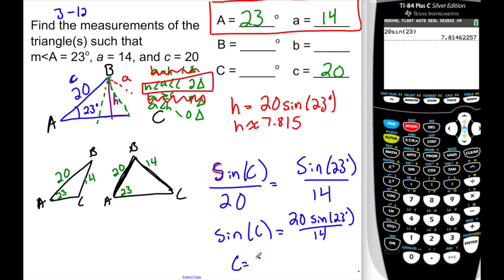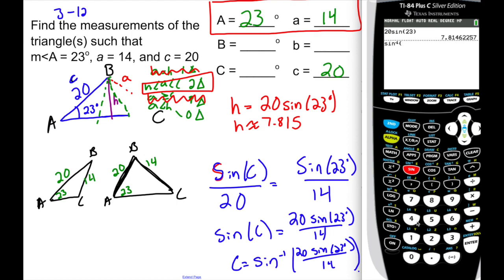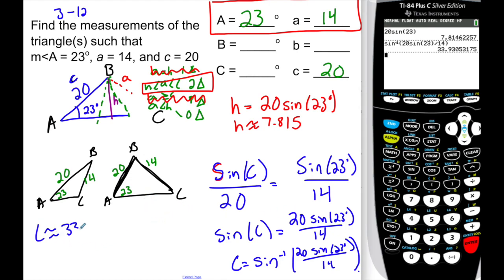So C is equal to the sine inverse of 20 sine 23 over 14. And you have to use your calculator. So second sine inverse, 20 sine 23 over 14. All right, what I get is C is approximately 33.93. Okay, so that's the smaller angle.